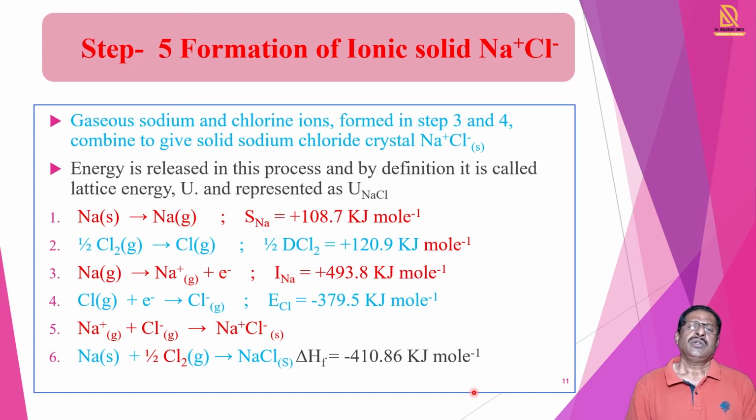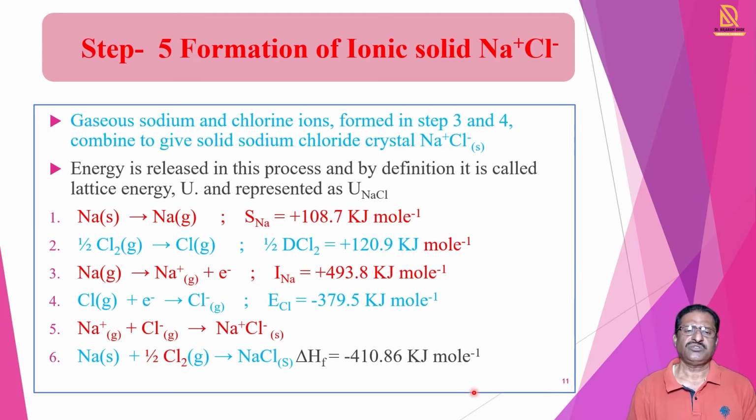Now in the second step and fourth step, the sodium and chlorine are formed in the gaseous ionic state. Now these both combine, and there is formation of ionic solid: Na+ and Cl- combine and form NaCl solid.